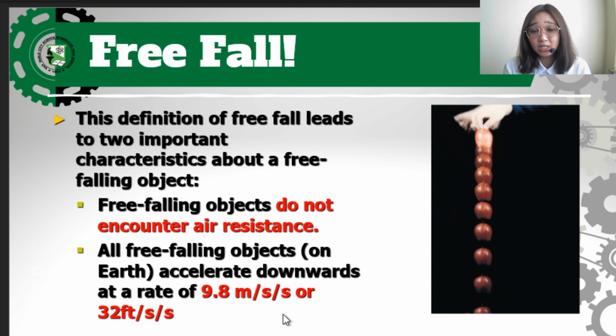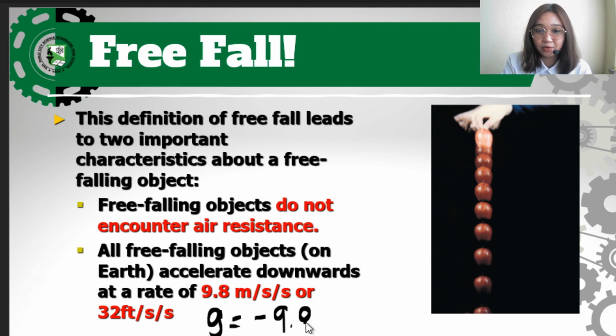Okay? So, sabi dito, accelerate downward kasi di ba gravitational force is towards the ground, which is downward. So, G, most basically, or acceleration due to gravity is negative 9.81 meters per second squared. So, bakit po negative? Kasi, sabi dito, accelerate downwards.